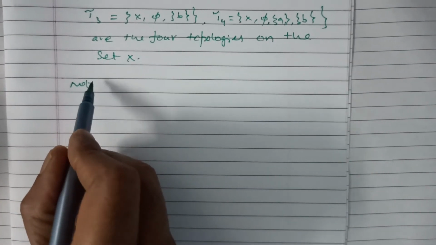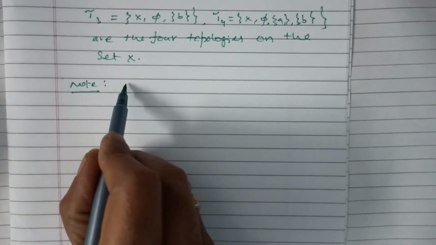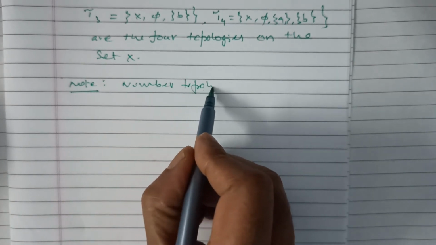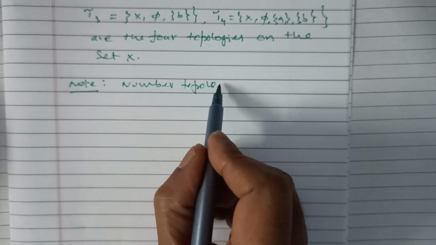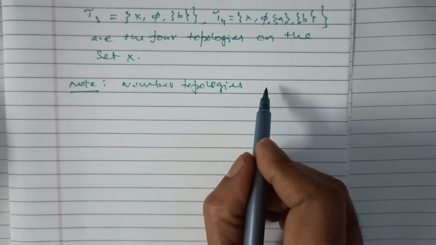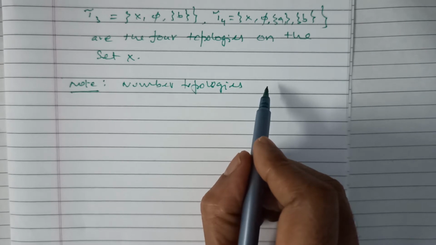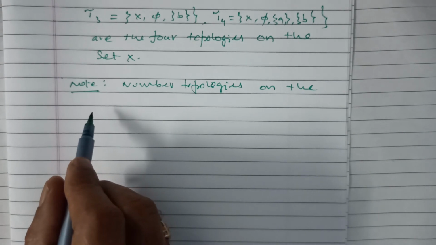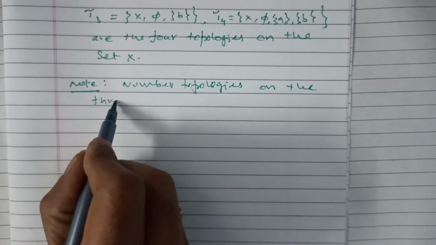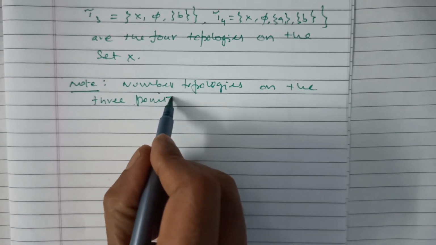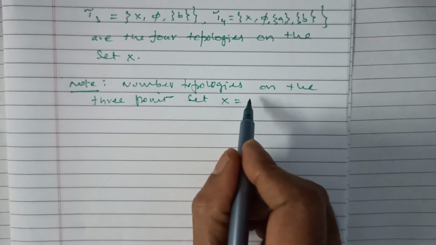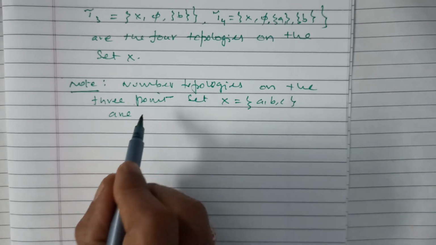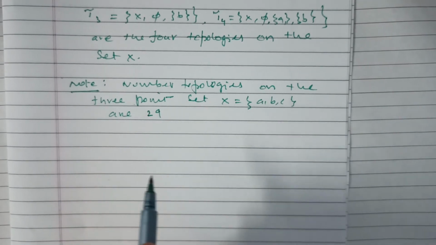So note, number of topologies on the 3-point set capital X is equal to set of A comma B comma C is 29.